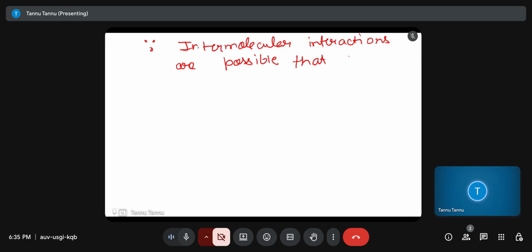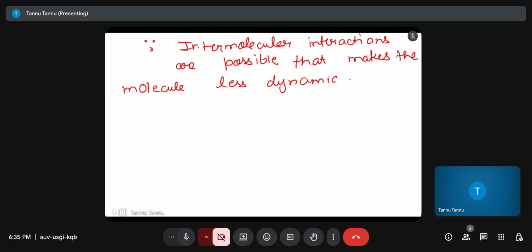That makes the molecule less dynamic. That is, the movement is now restricted.